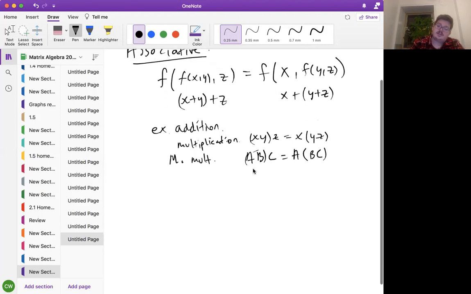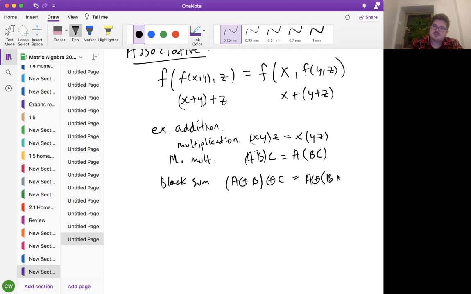How about block sum? Yeah, good. A plus B, plus, should put B in there, right? A plus B plus C is equal to A plus B plus C.